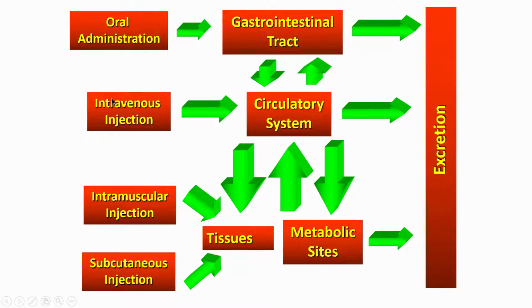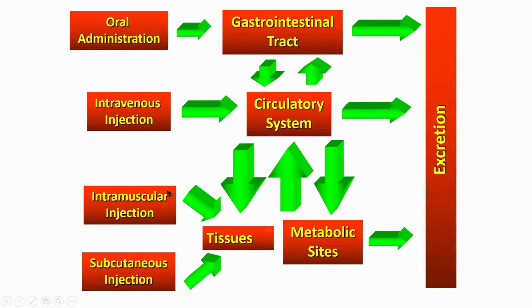The other way is you can give an intravenous injection, which will directly lead the drug into the blood, and from there it can again either get excreted, or from the blood, which goes everywhere in the body, it can go into the gastrointestinal tract as well as other tissues and metabolic sites.